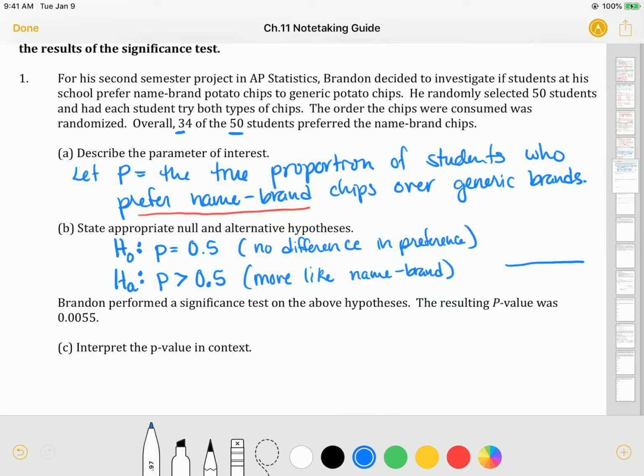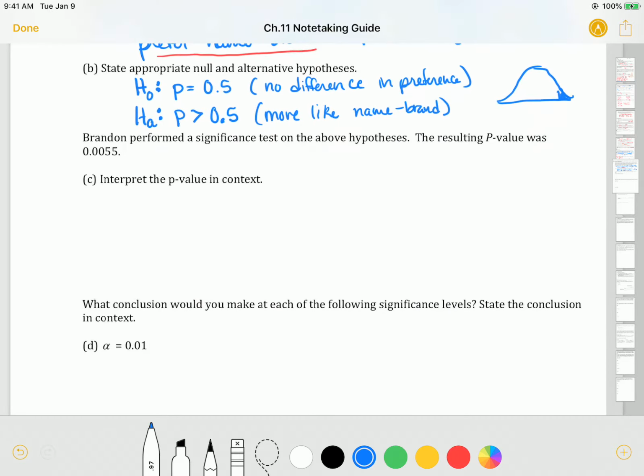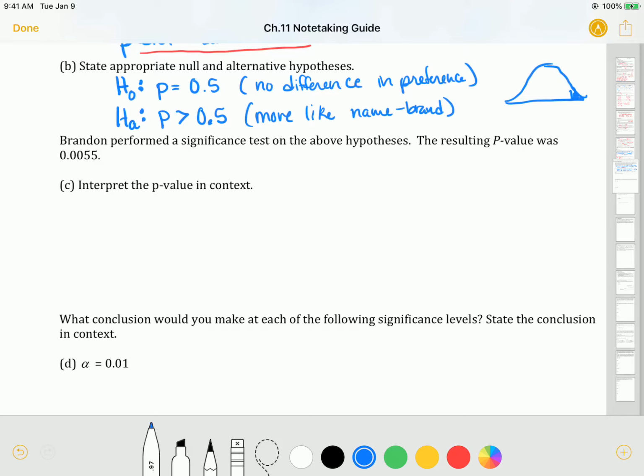So just to review here, since we are looking at P is greater than, we're going to be looking at this upper right tail and finding the probability that this sample statistic will occur by chance alone if the null is true. And that probability is going to be our p-value, okay? Now, the p-value in this case was computed for us.